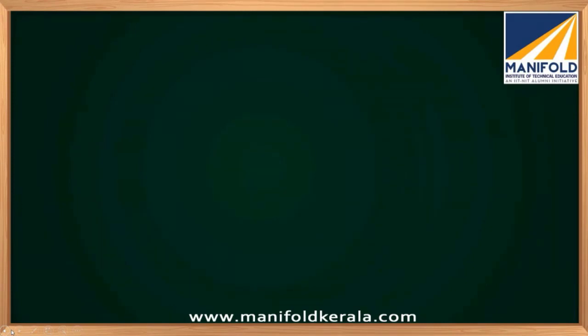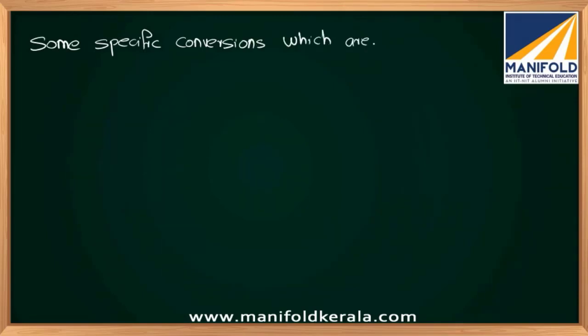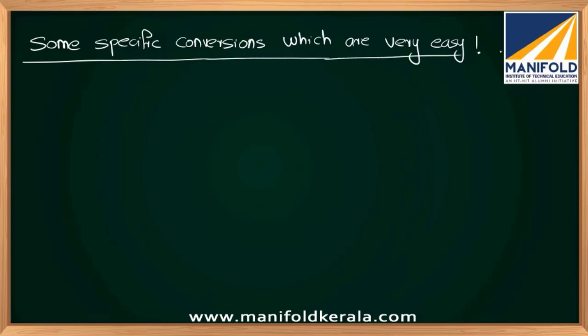Now let us look at some specific conversions, which are very easy. So you don't have to divide or anything, nothing like that. So there are some conversions which are very easy. So let's see what are those conversions.